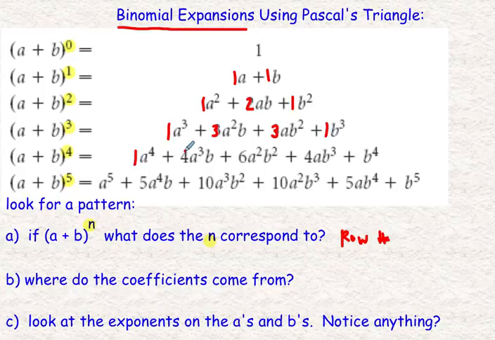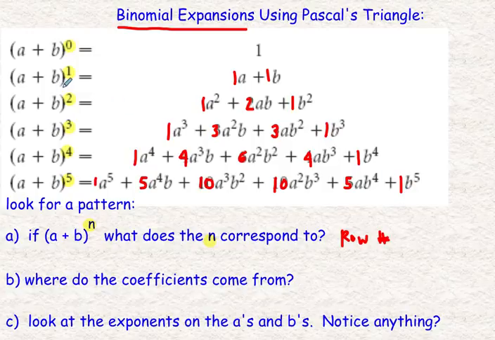Okay, you might be starting to see the pattern. 1, 4, 6, 4, 1. Okay, and then we've got 1, 5, 10, 10, 5, 1. So my question is, where are those coefficients coming from? Where would we get those numbers from?